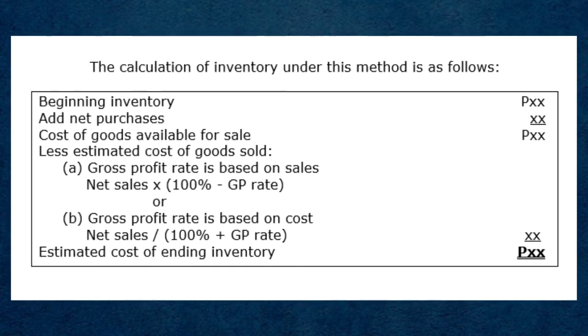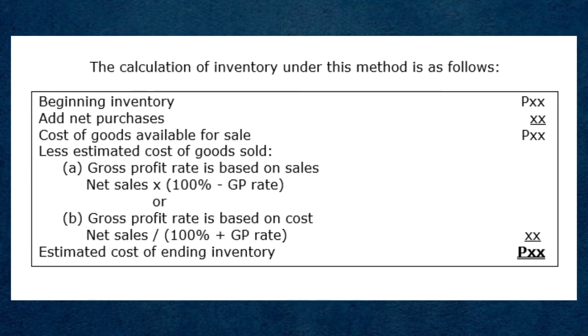The calculation of inventory under this method is as follows. Beginning inventory, add net purchases, equals cost of goods available for sale, less estimated cost of goods sold. A, if the gross profit rate is based on sales: net sales times 100% less gross profit rate. Or B, if the gross profit rate is based on cost: net sales divided by 100% plus gross profit rate.